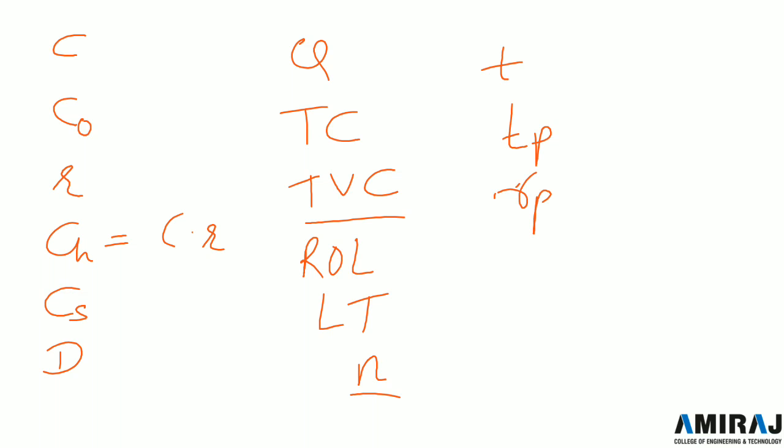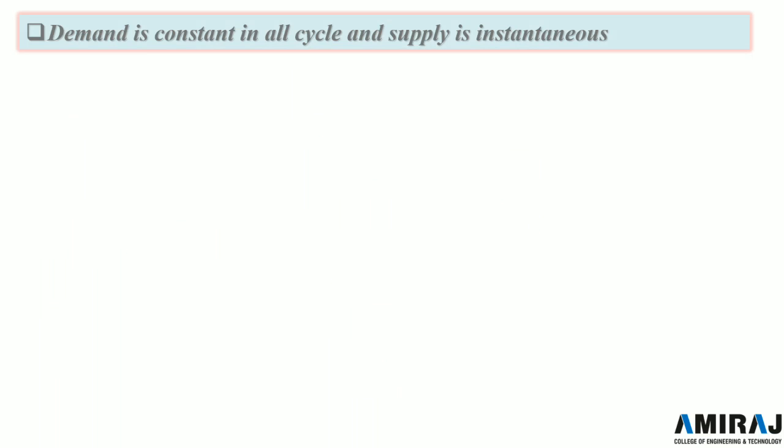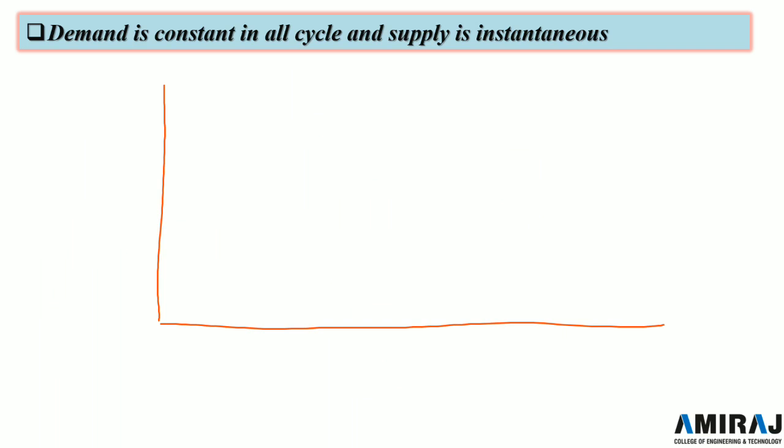Now let us first discuss the inventory model with deterministic demand, in which the demand is constant in all cycles and supply is instantaneous, which means there is instant supply. Here, if we plot the graph of inventory level versus time, what will happen?